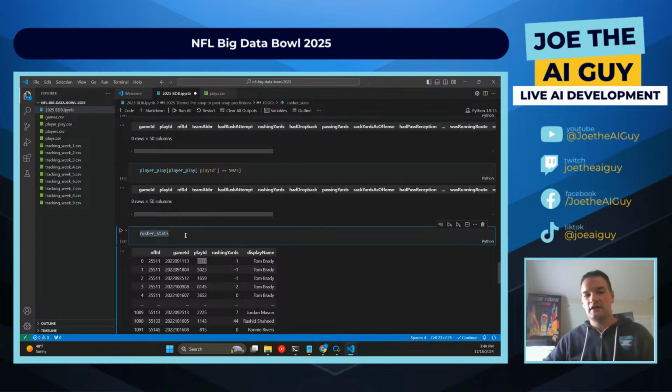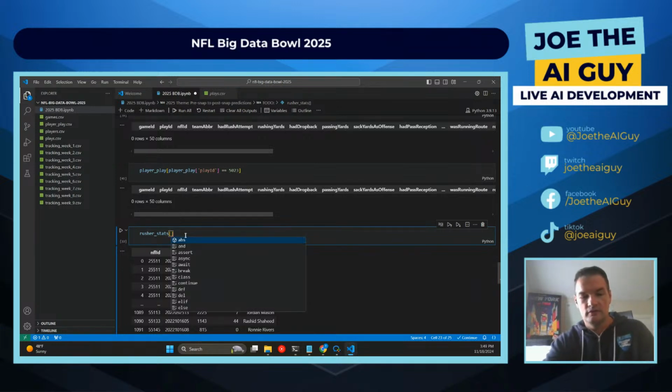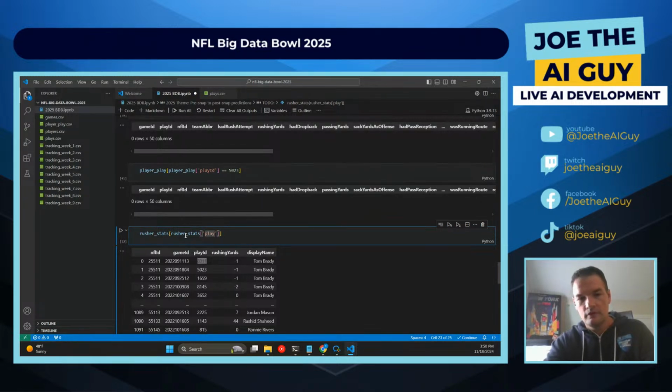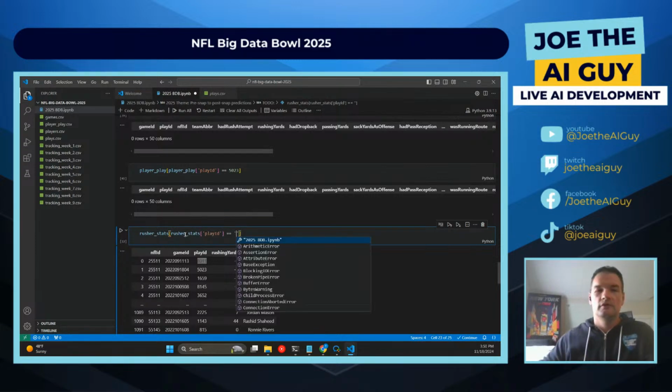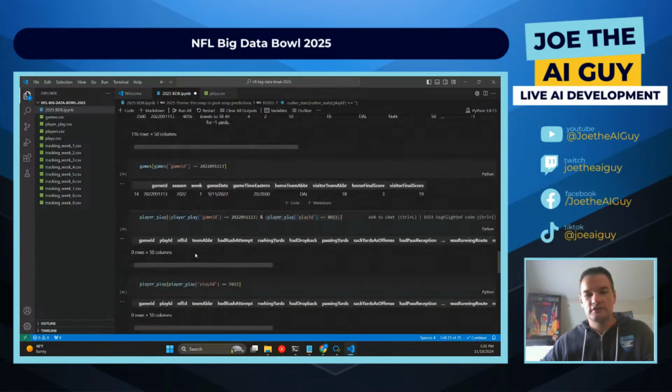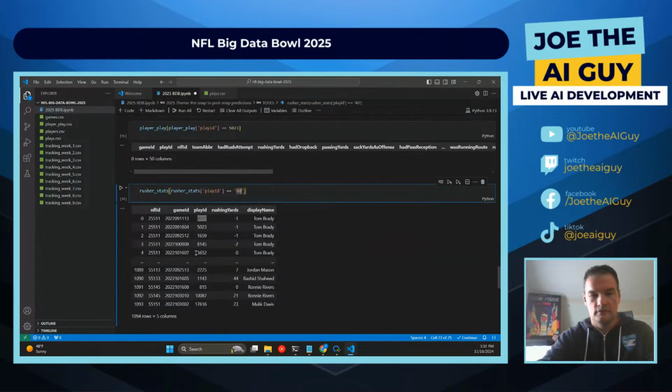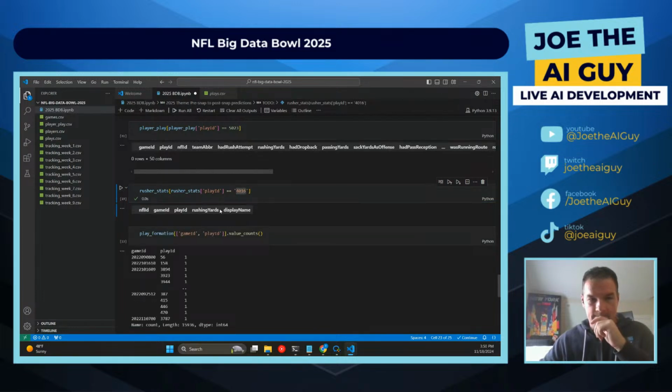So then if I go to rushing stats, and I want to check, what was that number? 4016. So now that play is not in our data at all.